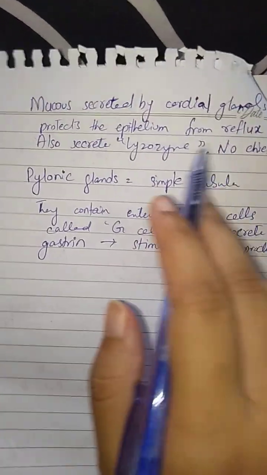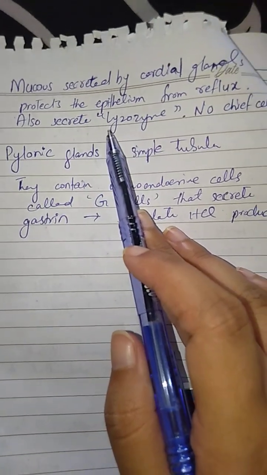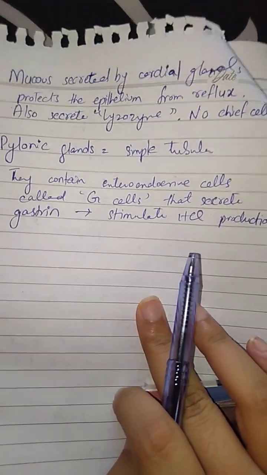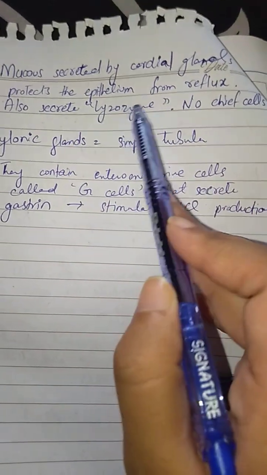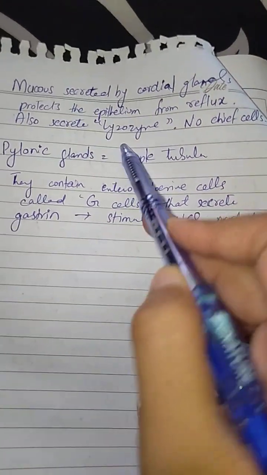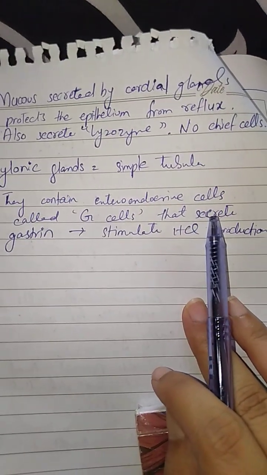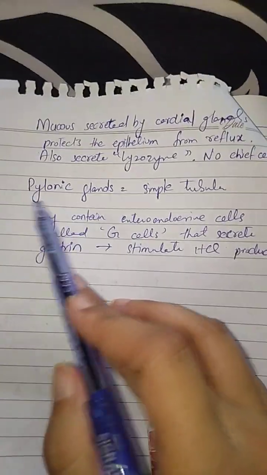So the function of cardiac glands will also be the same as that of mucosal neck cells, that is to secrete mucus and protect the layer of the stomach from the acidity. So it protects it from the reflux. It also secretes lysozyme that is responsible for the breakdown of peptidoglycan or other structures of bacteria and other harmful substances. There are no chief cells or other cells here.